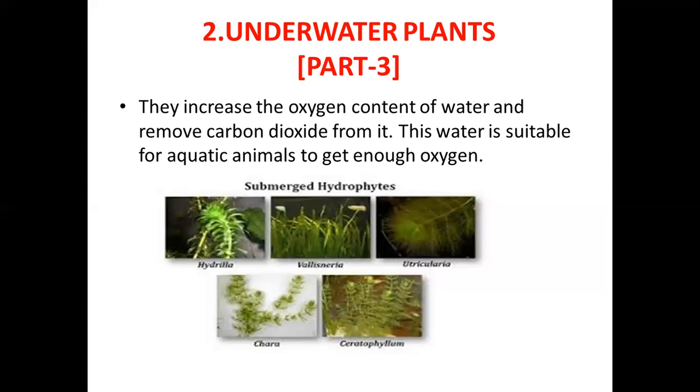This Hydrilla increases the oxygen content of water and removes the carbon dioxide from it. And this helps in making water suitable for fish and other aquatic animals and helps them to get enough oxygen. So when the oxygen is not sufficient in water for those aquatic animals, Hydrilla is the best plant which increases the oxygen content of water and removes the carbon dioxide from it.